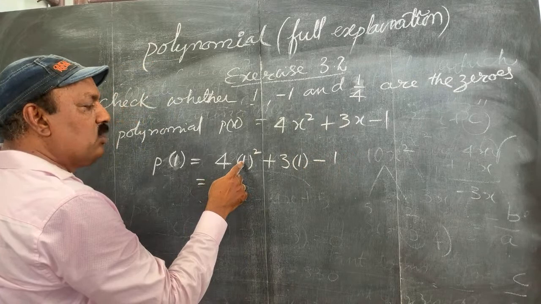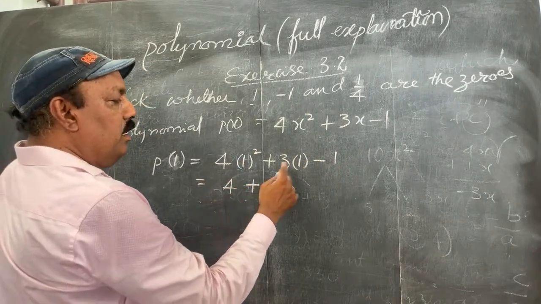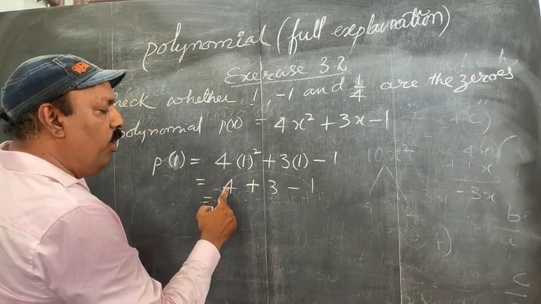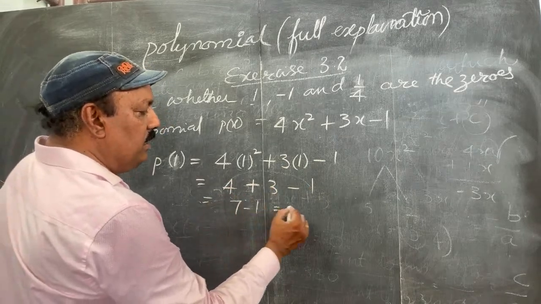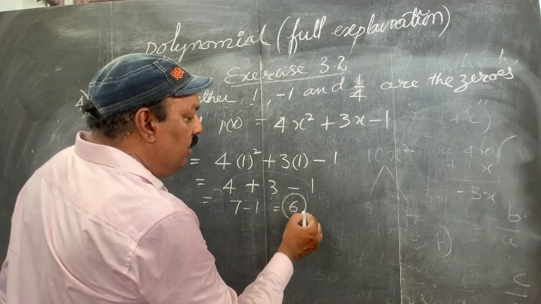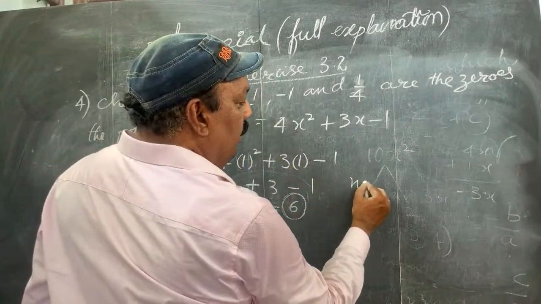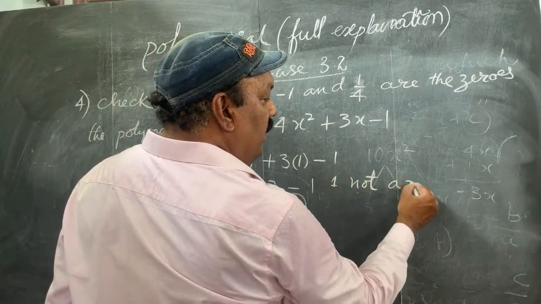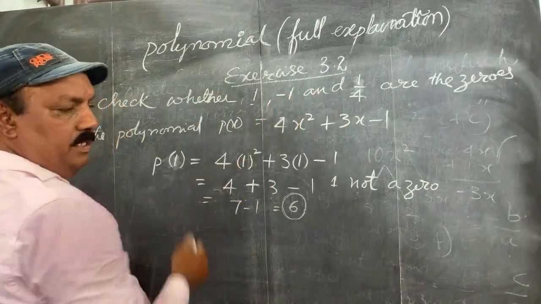Now 1 square means 1 only. 4 into 1 is 4, plus 3 into 1 is 3, minus 1. Now 4 plus 3 is 7, 7 minus 1 is 6. But whenever we don't get 0, this is not a zero. So number 1 is not a zero. We got confirmation. Now we check whether minus 1 is a zero or not.